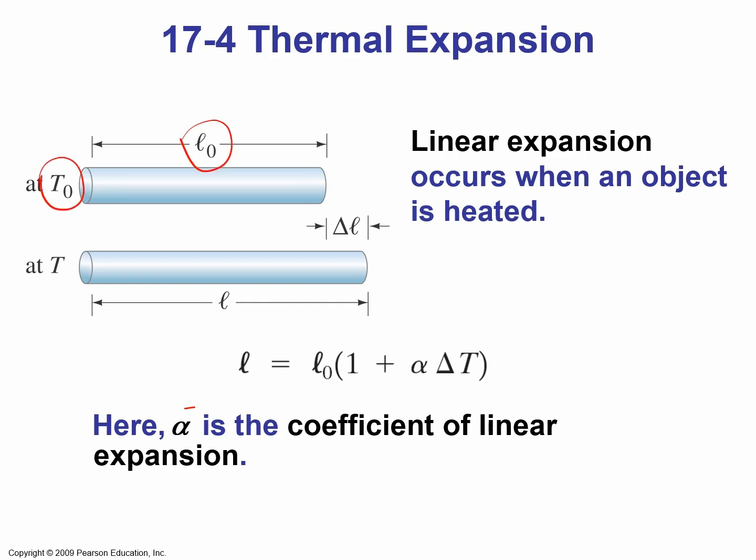When the temperature increases to the new temperature T, the length will be increased by the amount delta L, which is the change in the length, and the new length will be called L. So L is equal to the initial length L naught times (1 plus alpha delta T), and alpha is the coefficient of linear expansion, and the unit would be 1 over degrees Celsius.